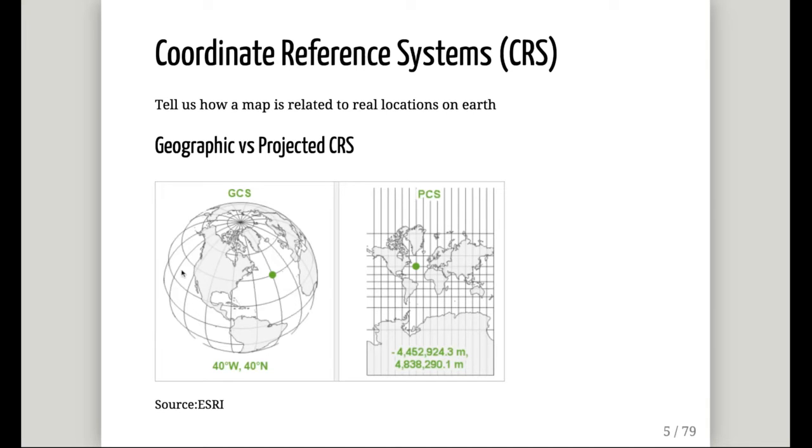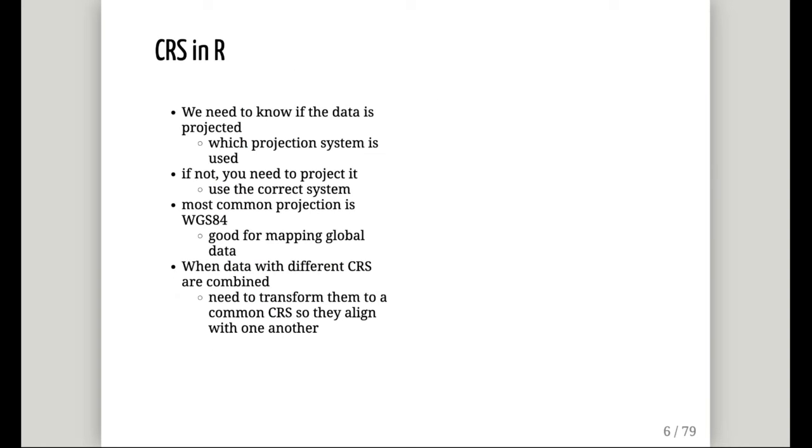It's the Earth drawn on a 2D flat surface, like on a paper map or a computer screen. A GCS is round, and so it records locations in angular units like degrees and directions like west and north. And projected coordinate systems are flat, so they record locations in linear units, usually meters or kilometers.